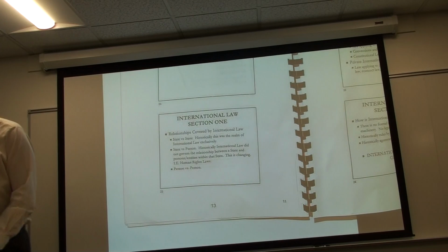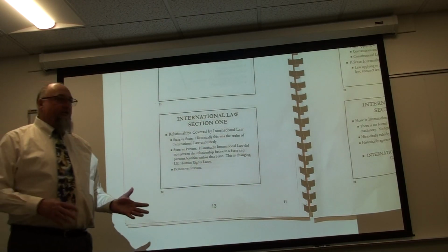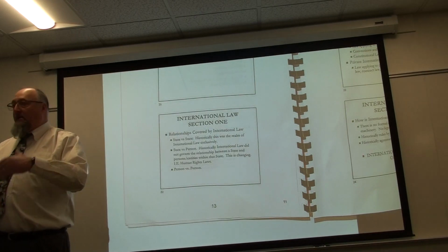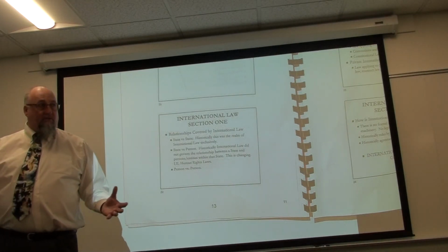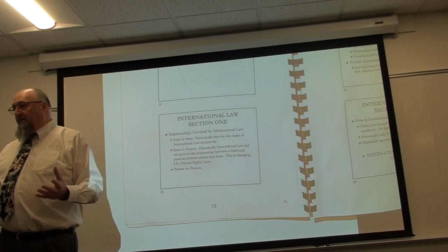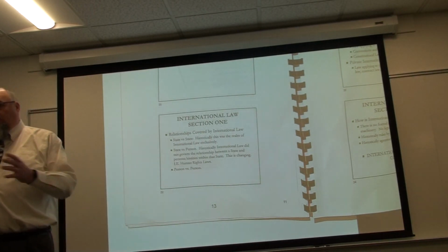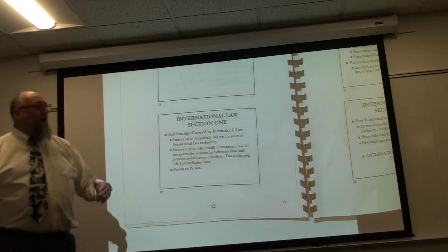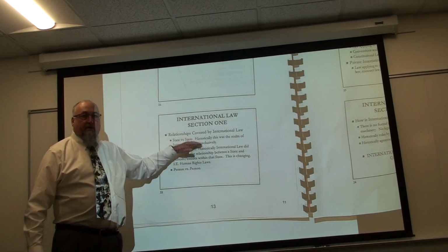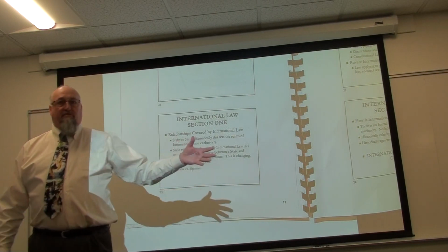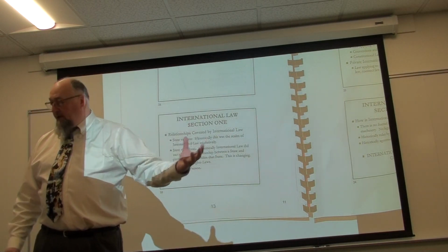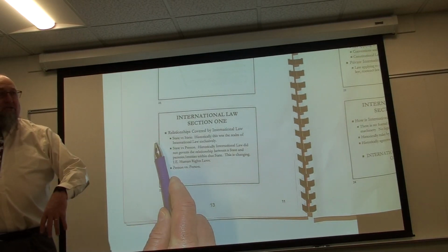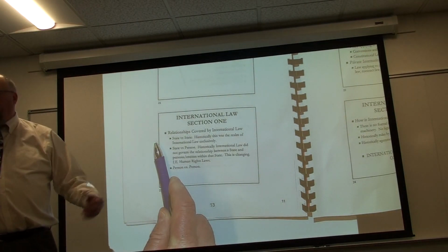But I just want you to be aware of these three basic relationships, because I'll be talking about them over and over. State versus state, again, historically, that was the realm. And the idea of getting to rule of law is to put together organizations such as the International Court of Justice, the World Trade Organization, where states may take legal action against each other without resorting to force.